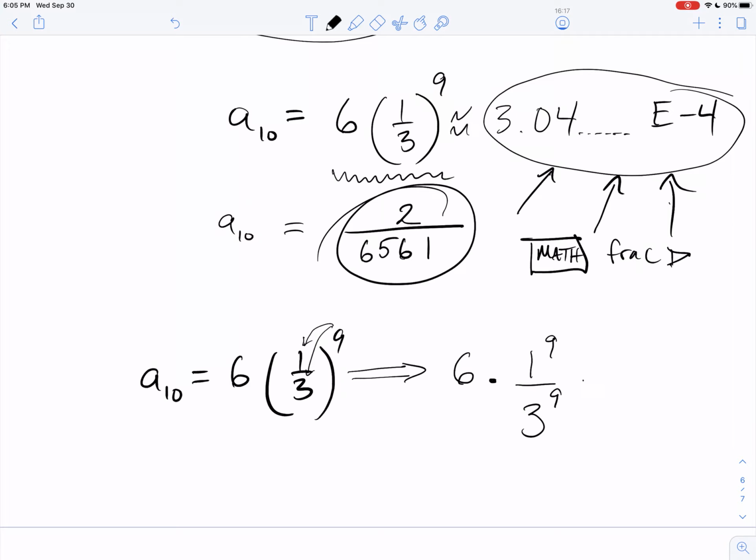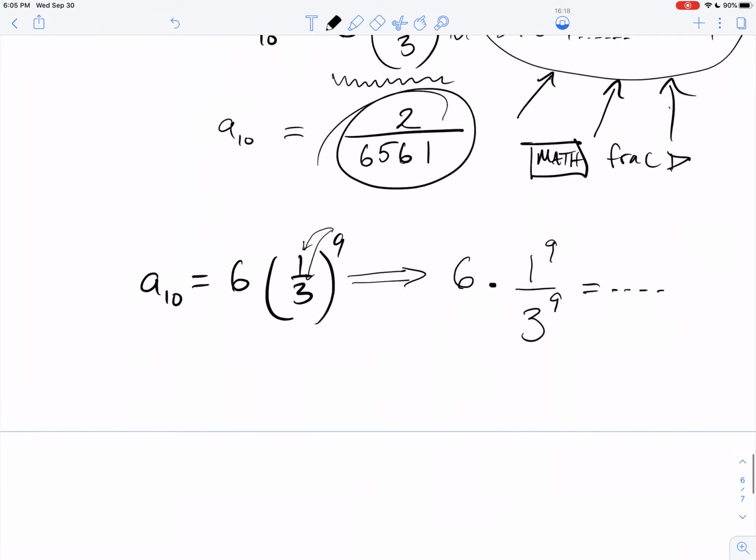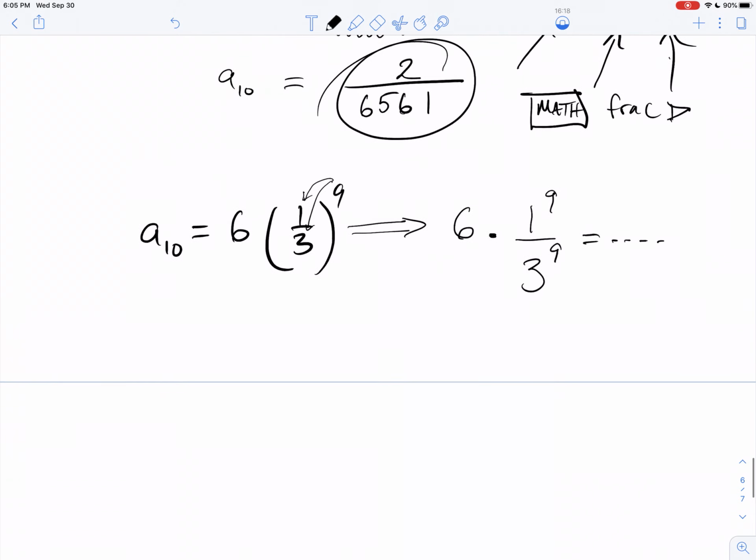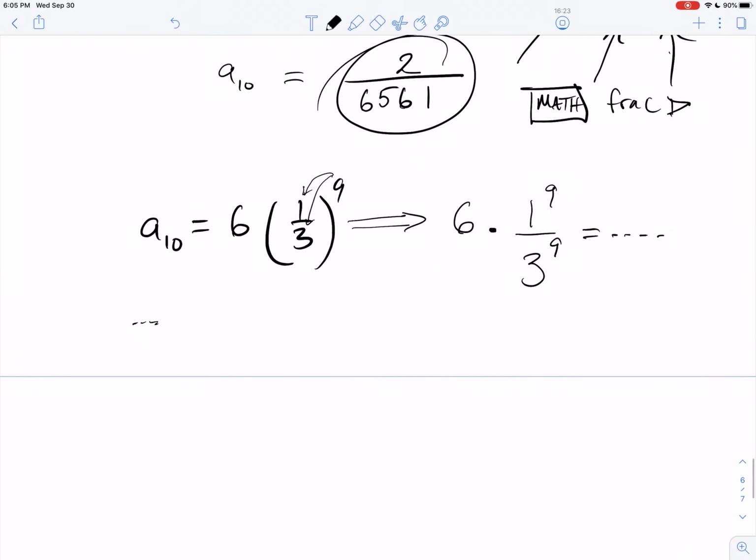So I'm going to write my result down here. I'm going to give myself some room. And I'm going to say, this means 6 times 1 over... Now, 3 to the 9th, my calculator can actually do. 3 to the 9th, it's 19,683. Which would make my answer 6 over 19,683.